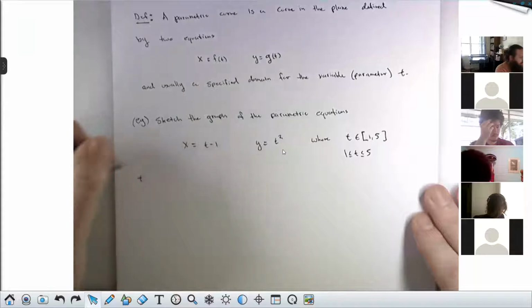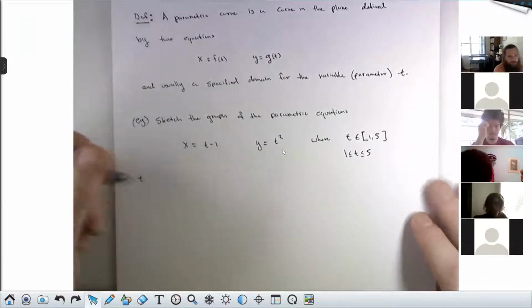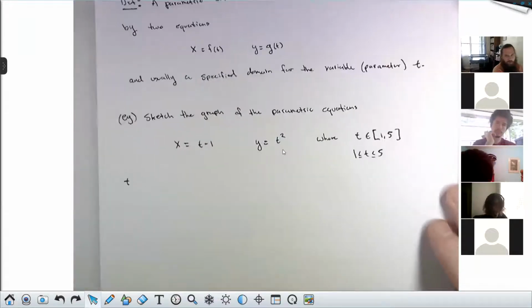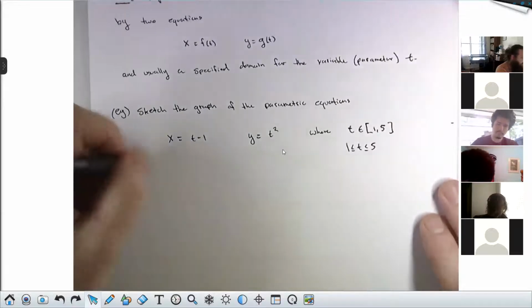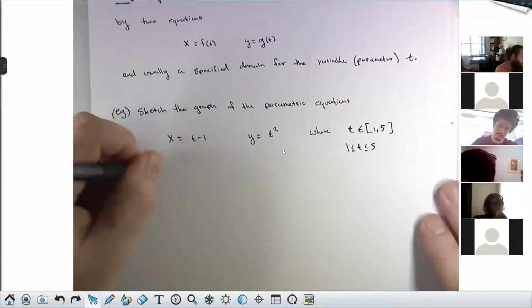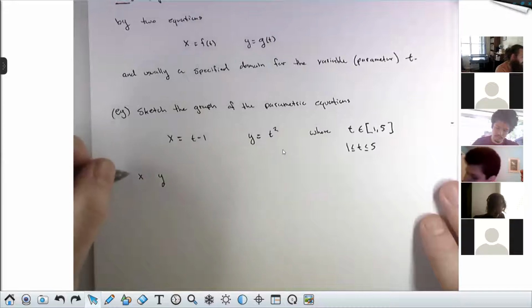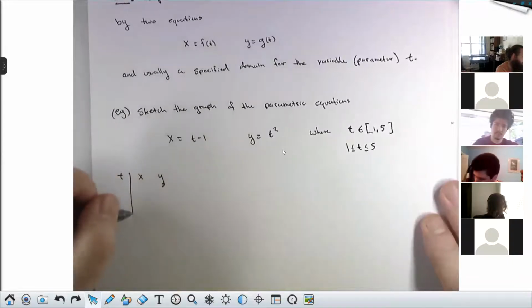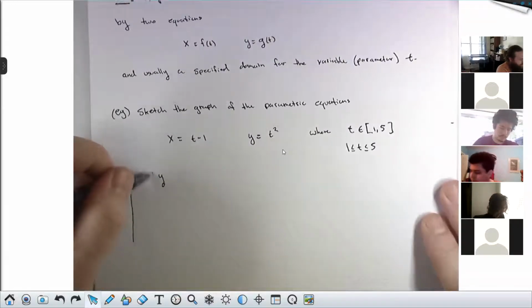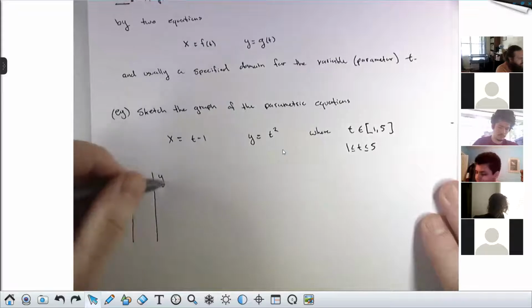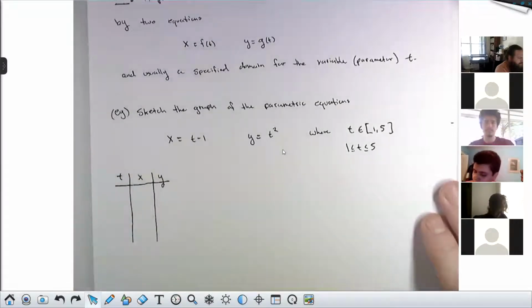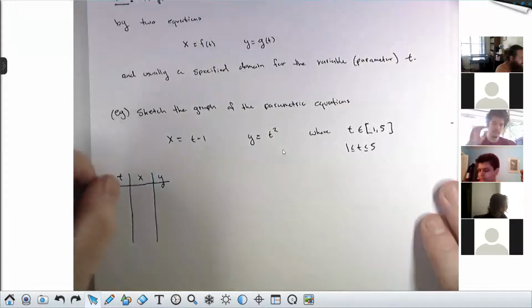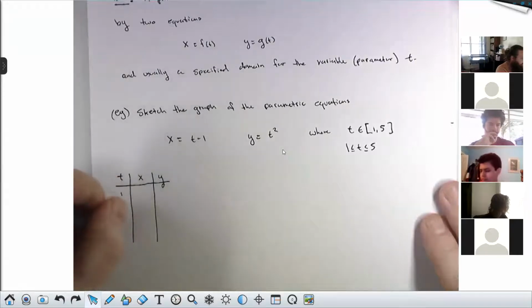So kind of at the college algebra level of thinking, the way you sketch a curve is to make a table of points, right? So I'll have a t column, an x column, and a y column. This table is going to have 3 columns. And I'm going to let t run from 1 to 5. I'll just plug in the integer values, 2, 3, 4, and 5.